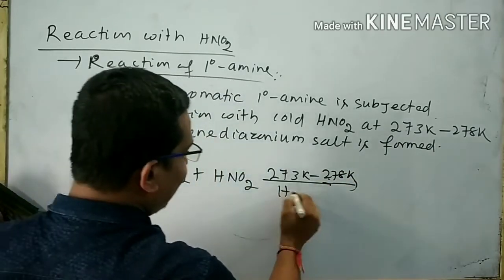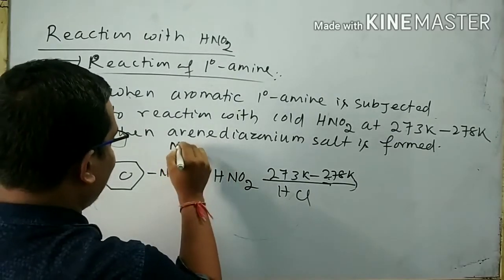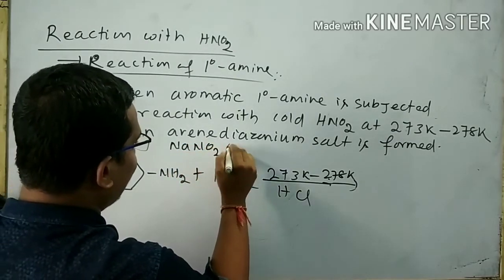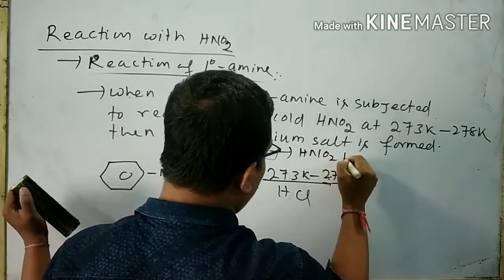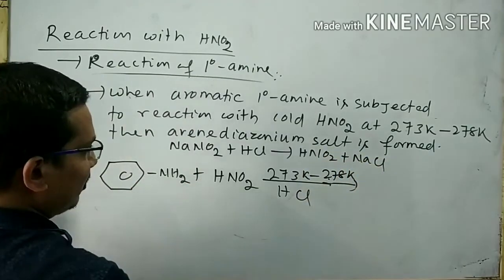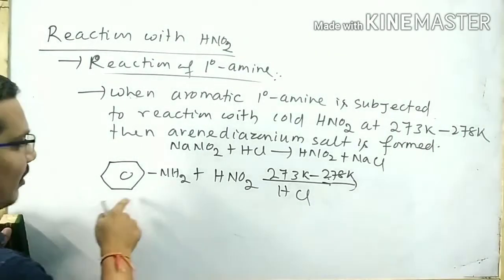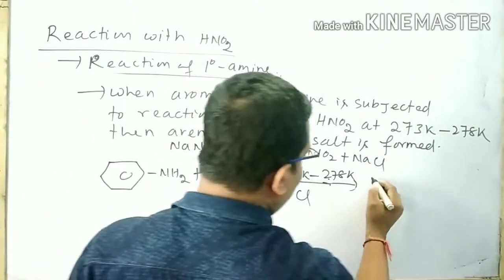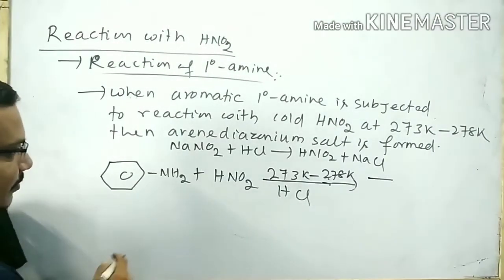Here HCl is used. HNO2 can be prepared by the reaction of NaNO2 plus HCl. It gives HNO2 plus NaCl. Now this HNO2 is used to react with the aniline. Then what will happen? Then aryl diazonium salt is formed.